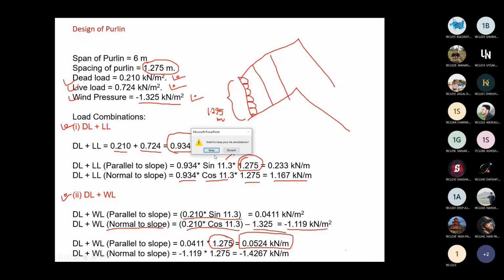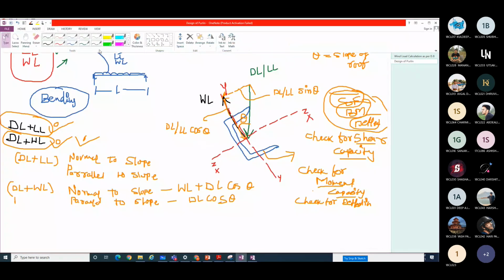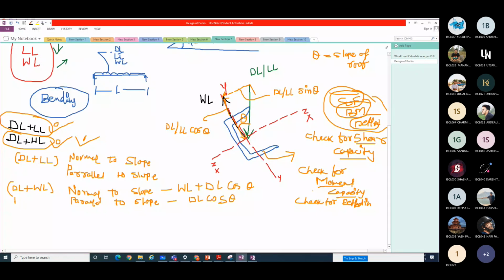Why did we do parallel and perpendicular to the slope? Because we require to find the shear capacity and moment capacity for the z direction and also for the y direction. Parallel to the slope means SFZ and MZ, shear capacity, and perpendicular or normal to the slope means SFY and MY. We have to check the section in both directions, whether it is giving a safe design or not. Clear, everyone?